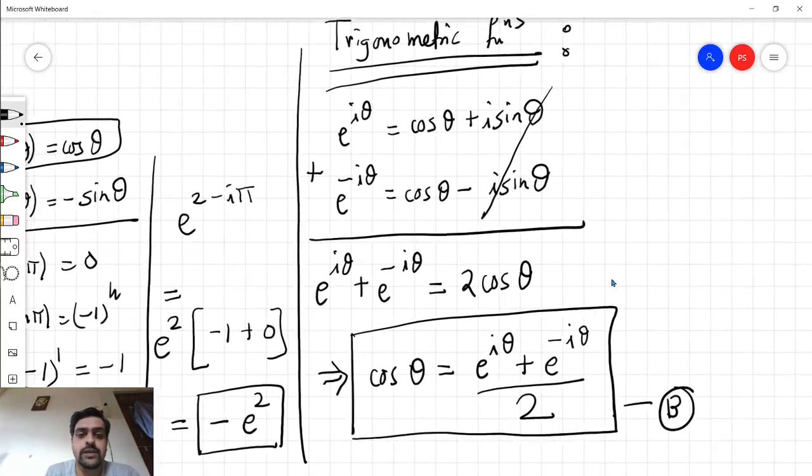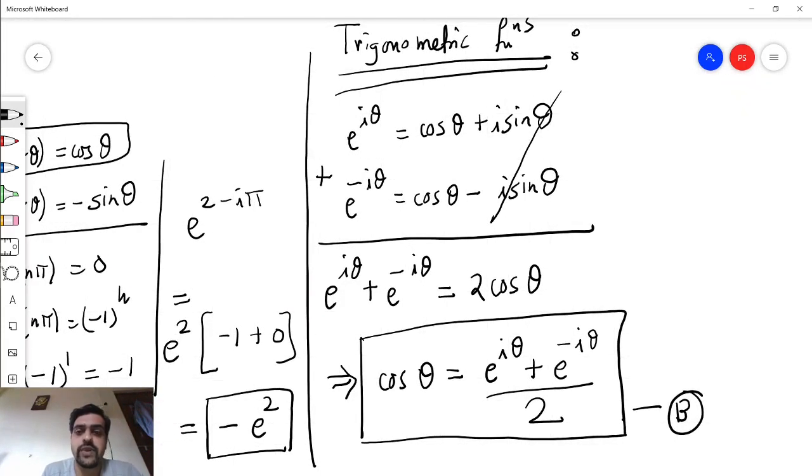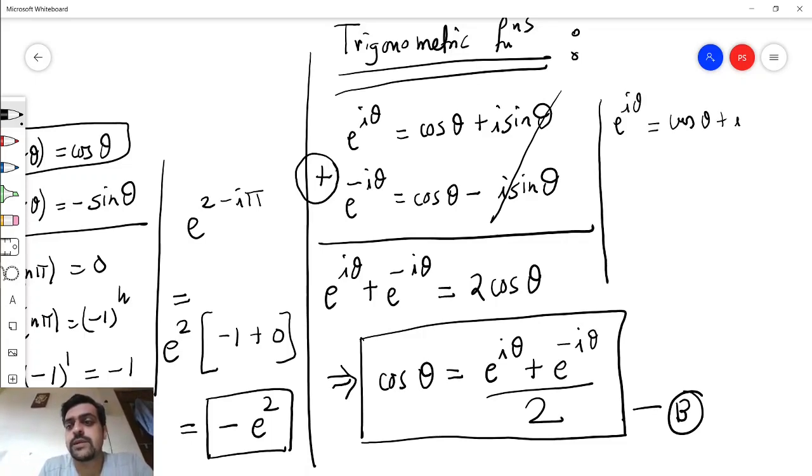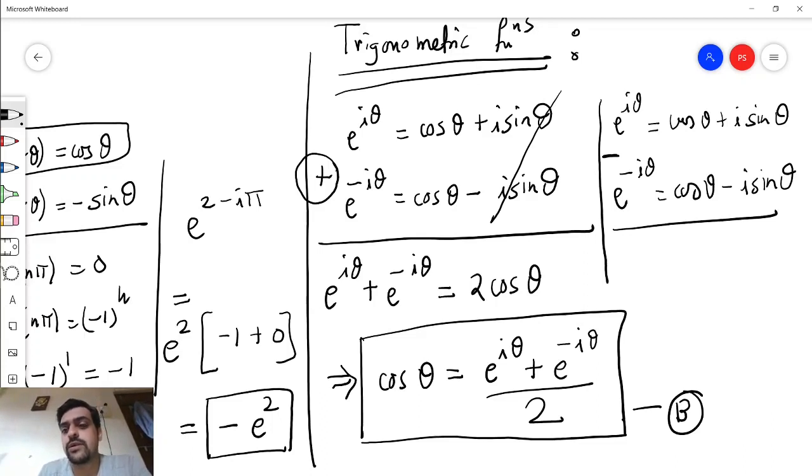Now similarly, we have to repeat the procedure, but this time we have to subtract these two equations instead of adding them. So e raised to i theta, which is cos theta plus i sin theta, and e raised to minus i theta, which is cos theta minus i sin theta. Now if we subtract these two equations, on the LHS we have e raised to i theta minus e raised to minus i theta.